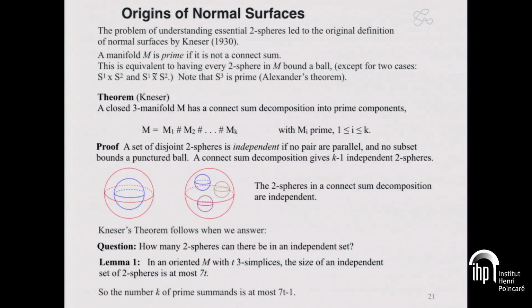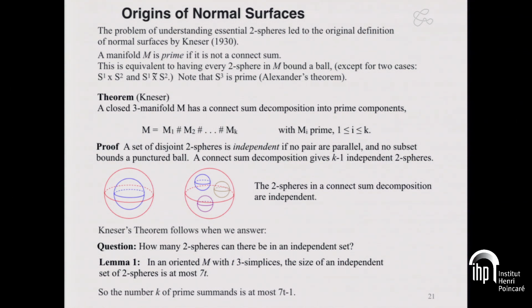So let's just take 5 minutes to go through the proof. This will be too fast to follow, but let me just show you anyway how normal surfaces play a nice role in this argument for the finiteness of connect sums. This was one of the main theorems in 3-manifolds pre-60s, I guess.